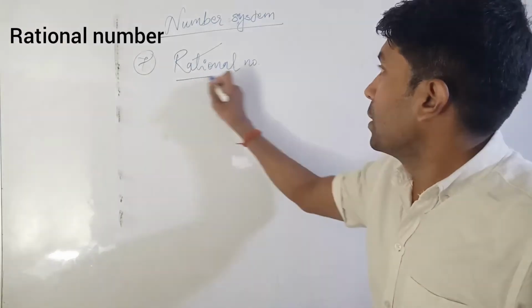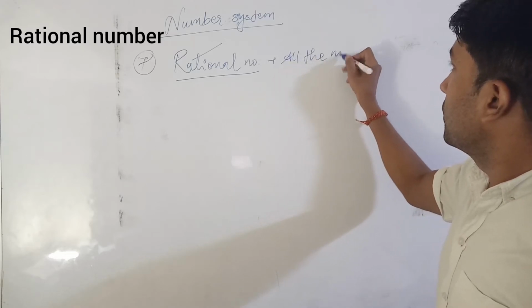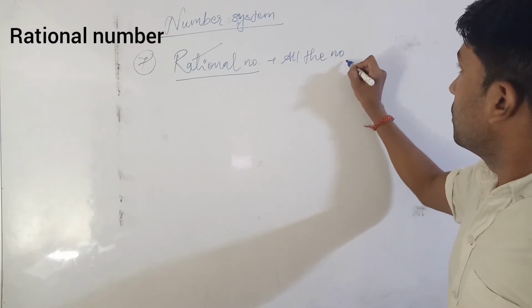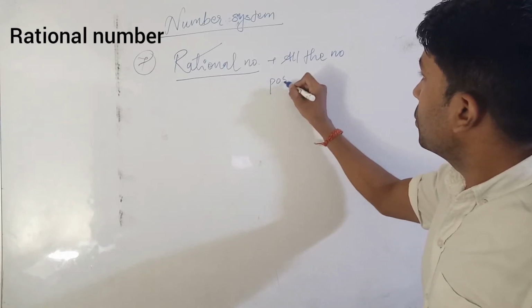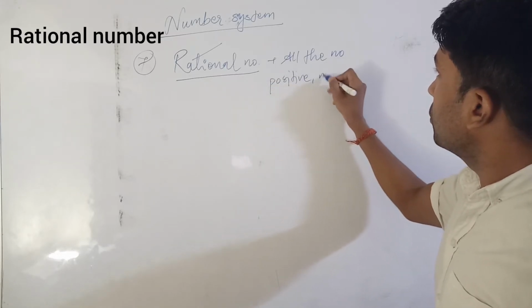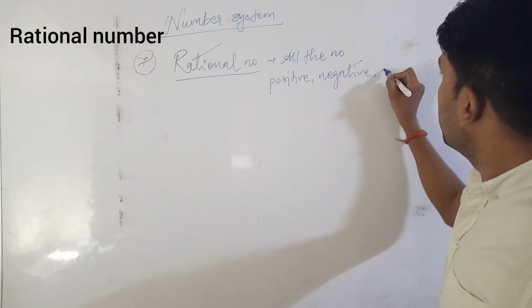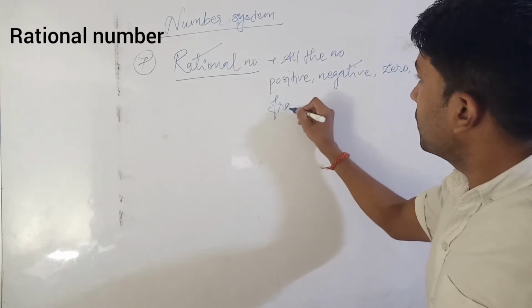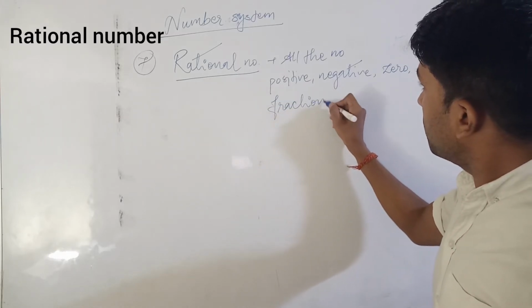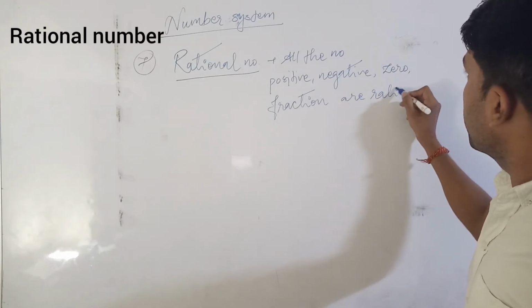A rational number. All the numbers, positive, negative, zero, fraction are rational numbers.